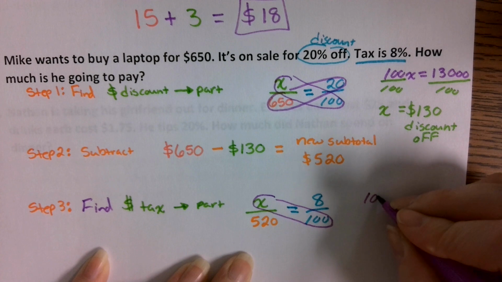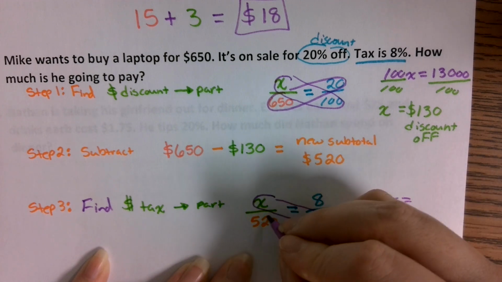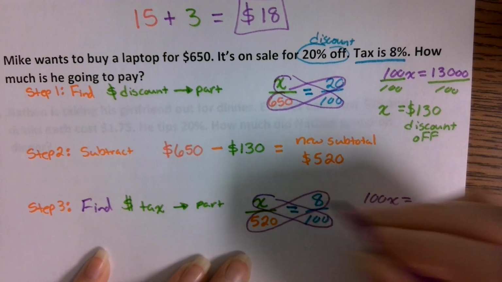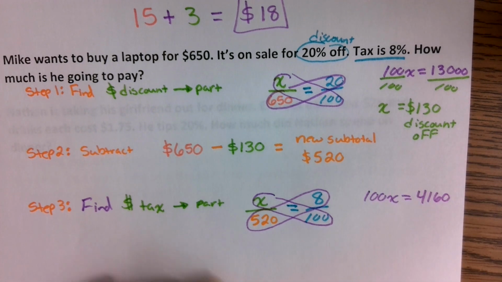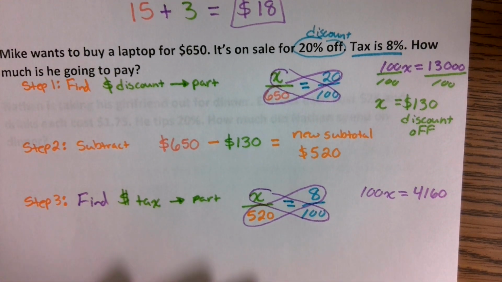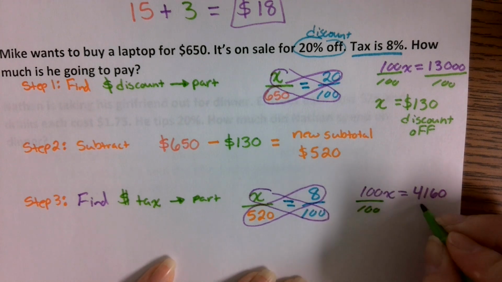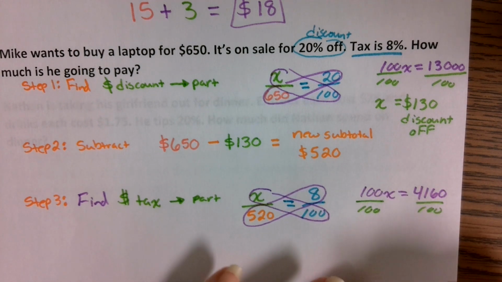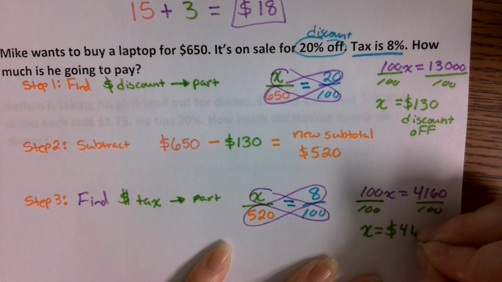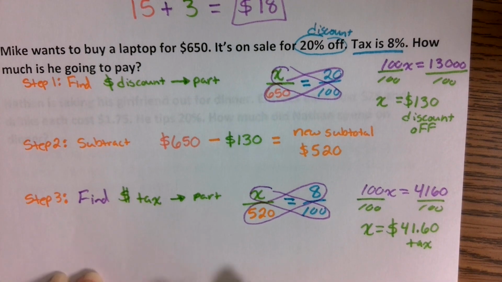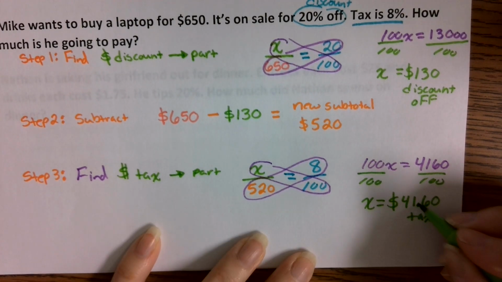Now we do our cross product, 100x, and then 520 times the 8, that comes out to 4,160. And then we divide. So this represents our tax. $41.60 is our tax.